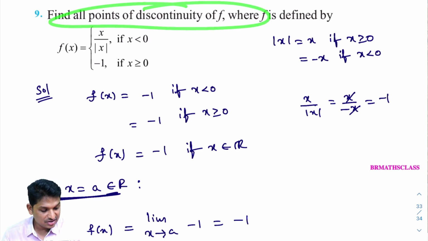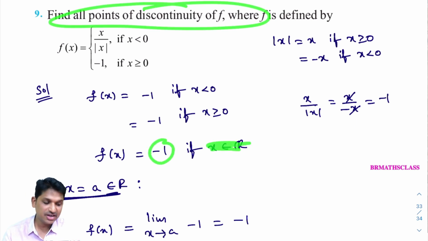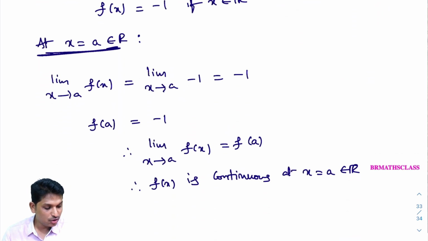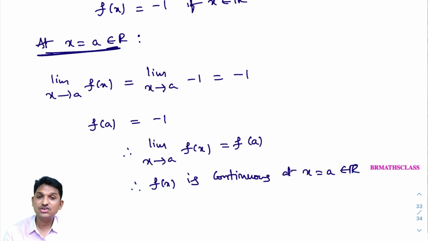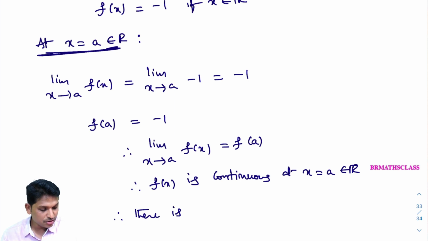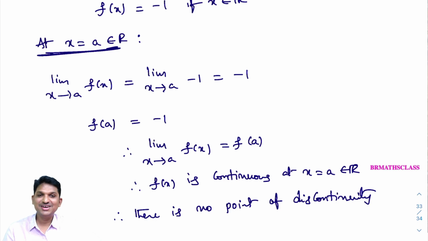And here this function is only minus 1 for all real numbers. So when I checked at all real numbers, I got that this function is continuous at all real numbers. That means there is no point of discontinuity. So what you will write, therefore, there is no point of discontinuity. I hope you understand this.